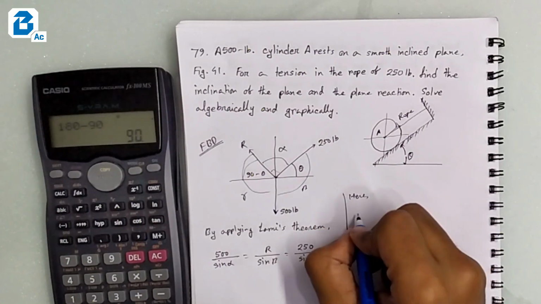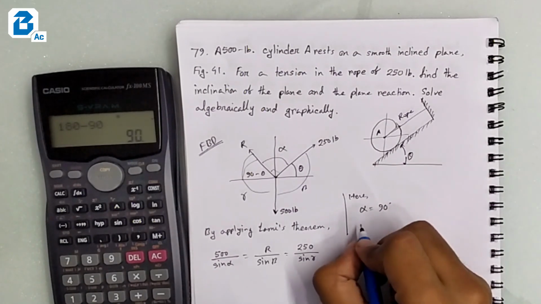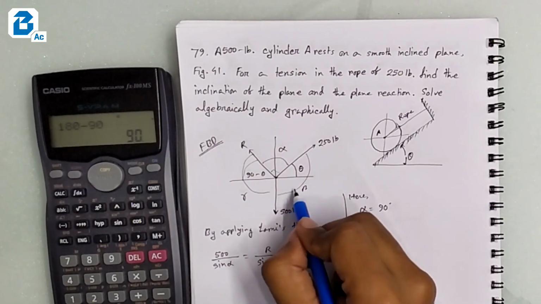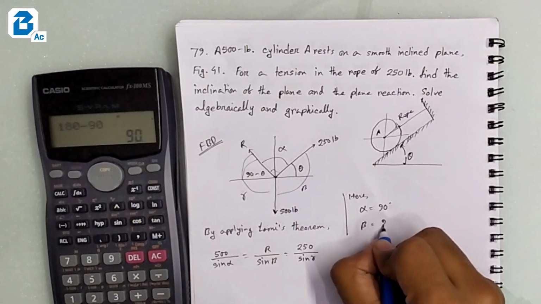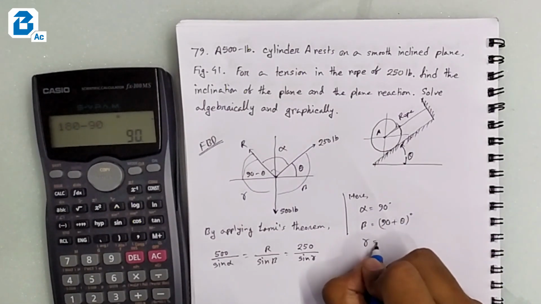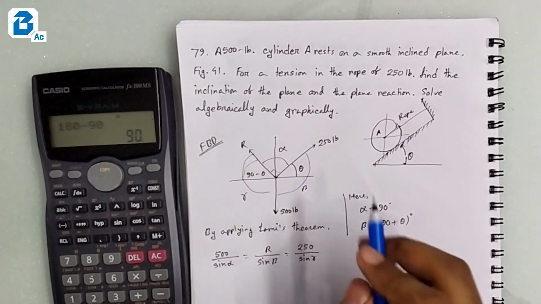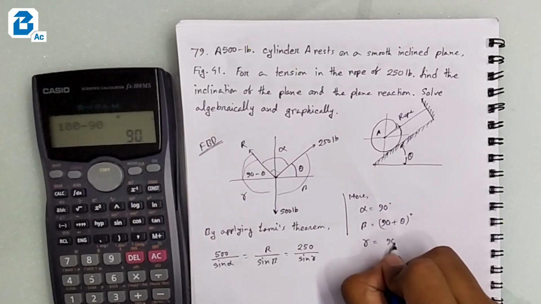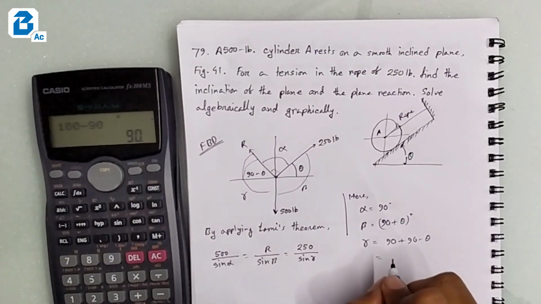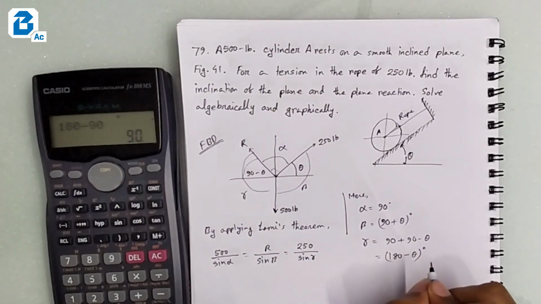Here alpha equals 90 degree. For beta, we can see that this is a 90 degree angle, so we can write 90 plus theta degree. And for the gamma, here we have 90 degree and this is 90 minus theta. So if we write it like this, 90 plus 90 minus theta, we can write 180 minus theta degree.